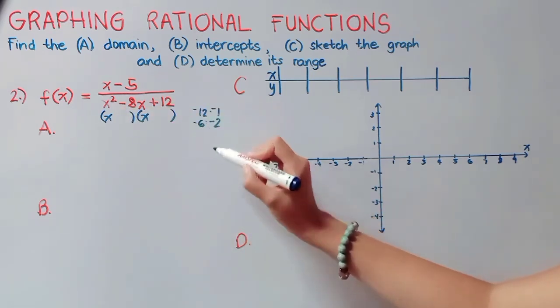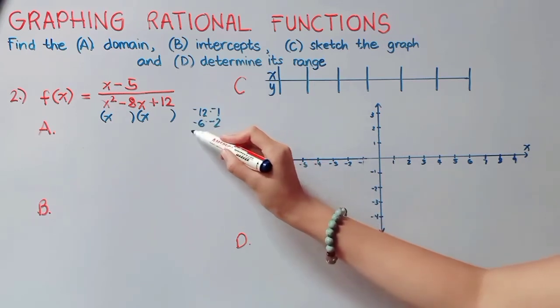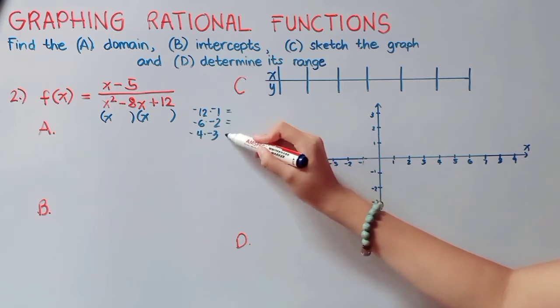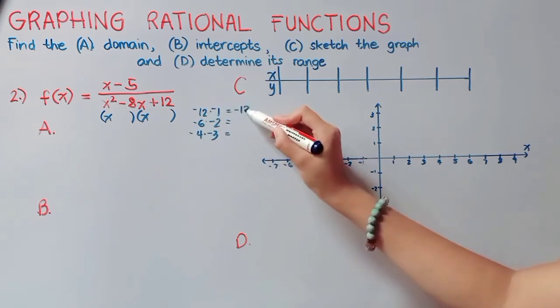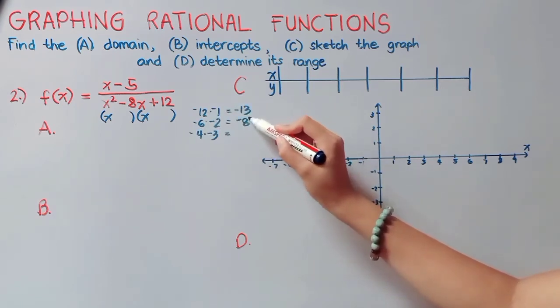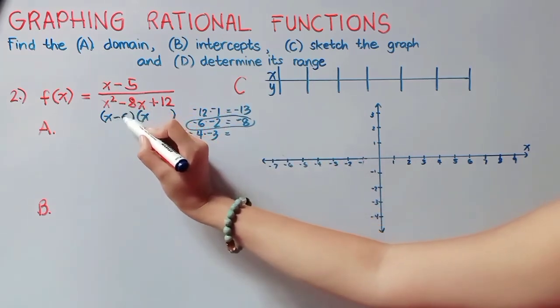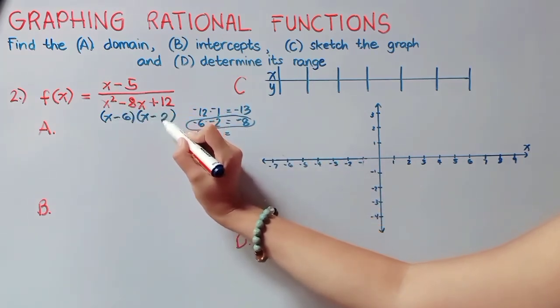Negative 6 times negative 2, and lastly negative 4 times negative 3. Adding these factors, we have negative 13, negative 8, therefore our factors are negative 6 and negative 2.